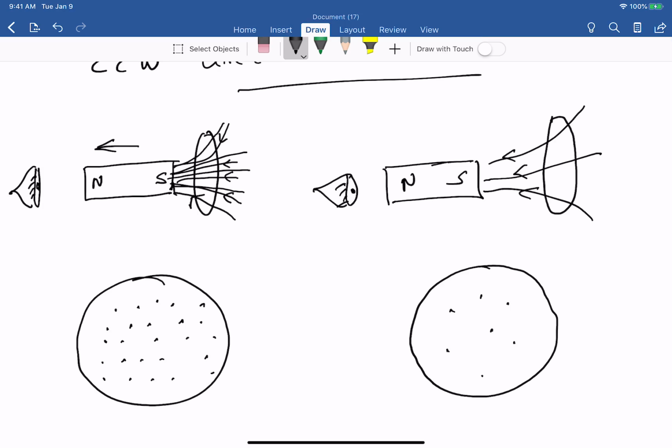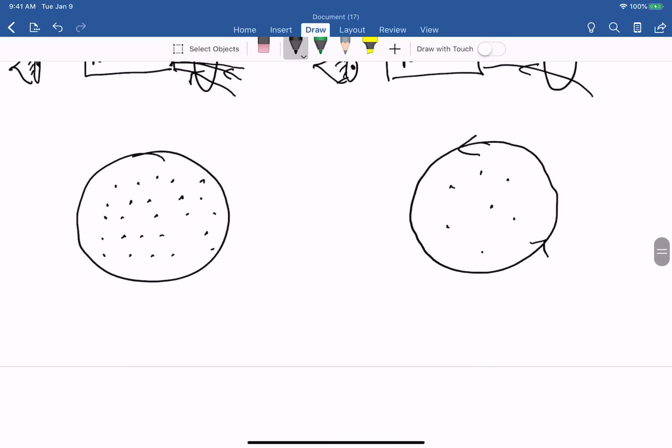It's trying to help the dying magnetic field because it does not like the change of flux. So in order to produce a magnetic field out of the page, the loop will have to drive a current, according to the right-hand rule, in the counterclockwise direction. So the answer is that the EMF and the current will be produced in the counterclockwise direction for this example.